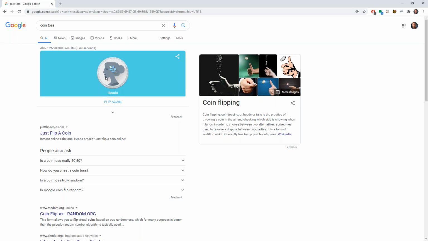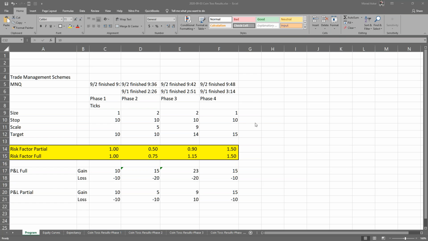So what I'm talking about here is something that Yoda and many veterans of being around me are aware of. This coin toss exercise is the most important and the first exercise that prop traders will do for a long period of time.